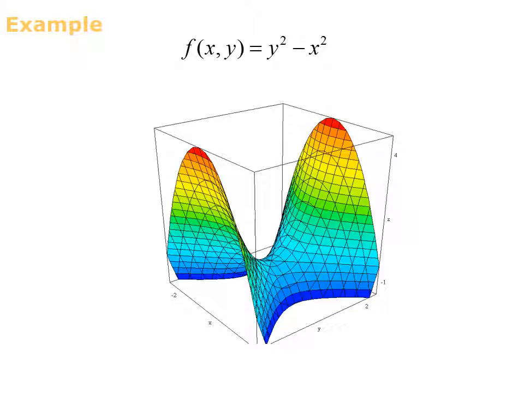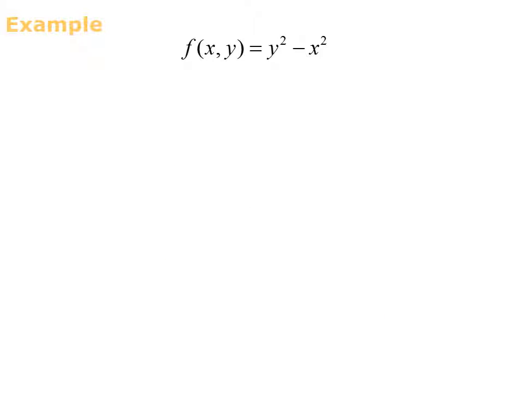So we'll go through the mechanics again. Here's a graph of z equals y squared minus x squared. I don't know if you can recognize this, but there's something here that's kind of special. It doesn't really look to me like it's a minimum or a maximum. However, we'll do the process on this.